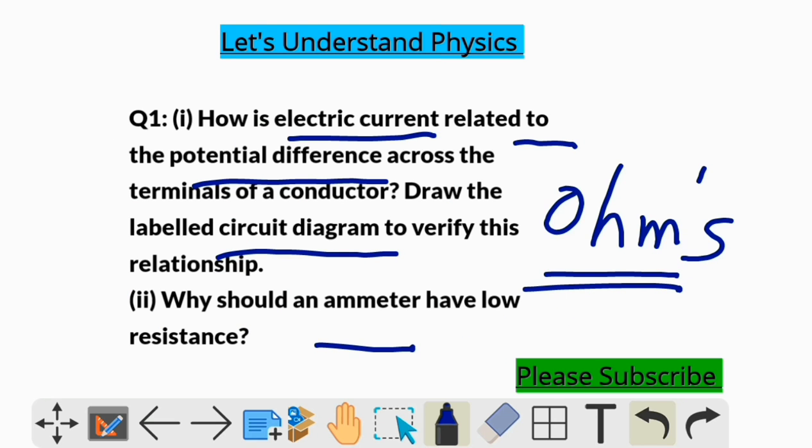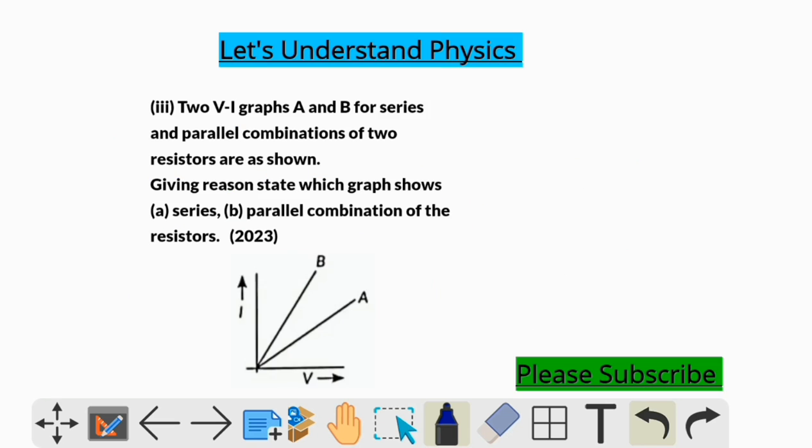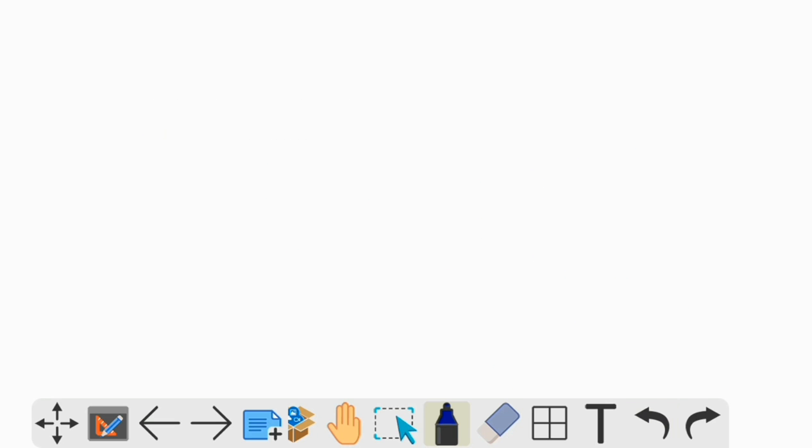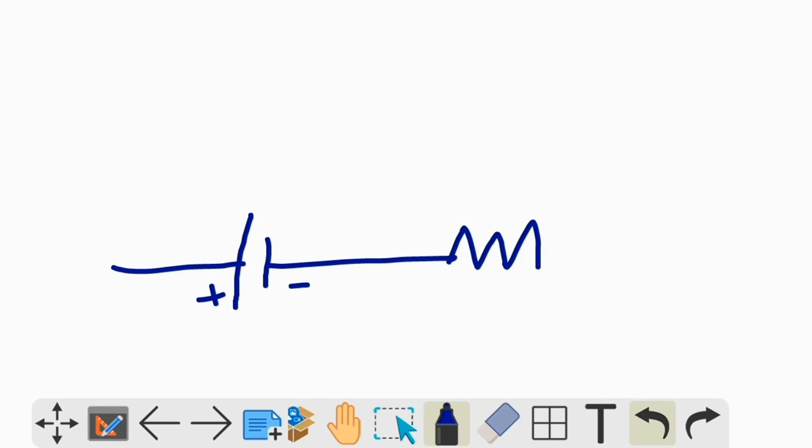Then they are asking you to draw the circuit diagram. The circuit diagram of Ohm's law we draw by first taking the supply cell with positive and negative terminals. Then you have to take a rheostat, which is a variable resistance used to change the resistance of the circuit by changing the position of this knob.